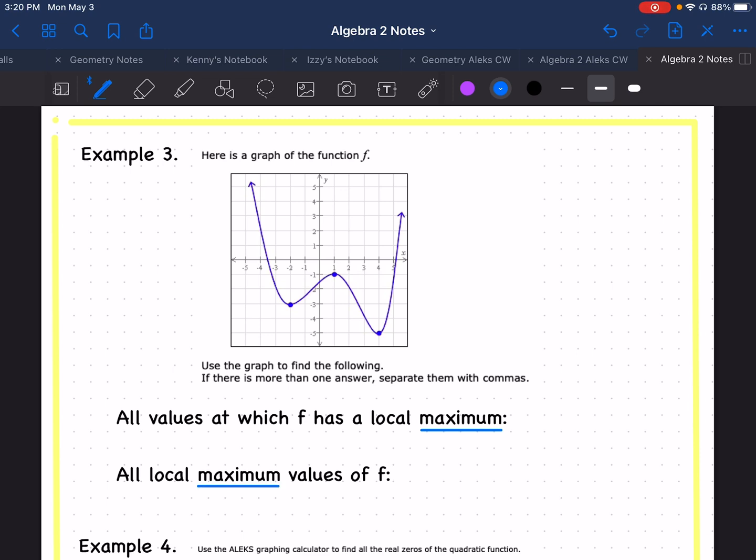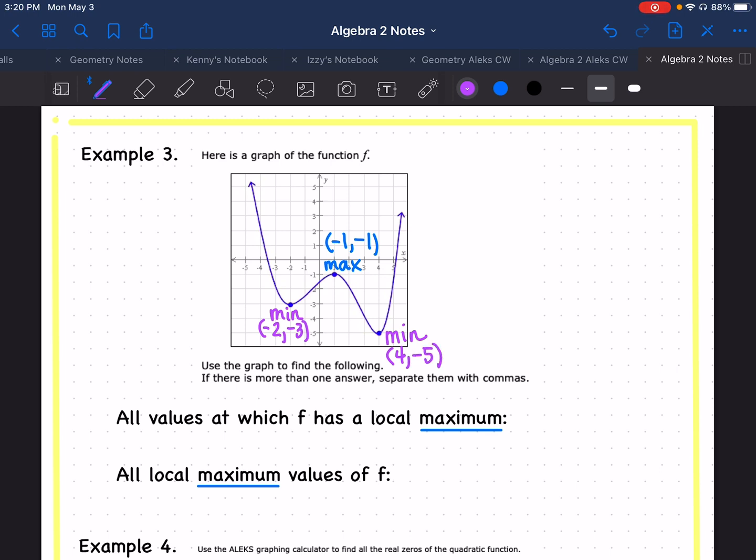So if I go and look, here would be my max, and it would be at the ordered pair -1, -1. You could be asked about a minimum. There's a minimum, and that is at the ordered pair -2, -3. This would also be considered a minimum, and it would be at the ordered pair 4, -5.